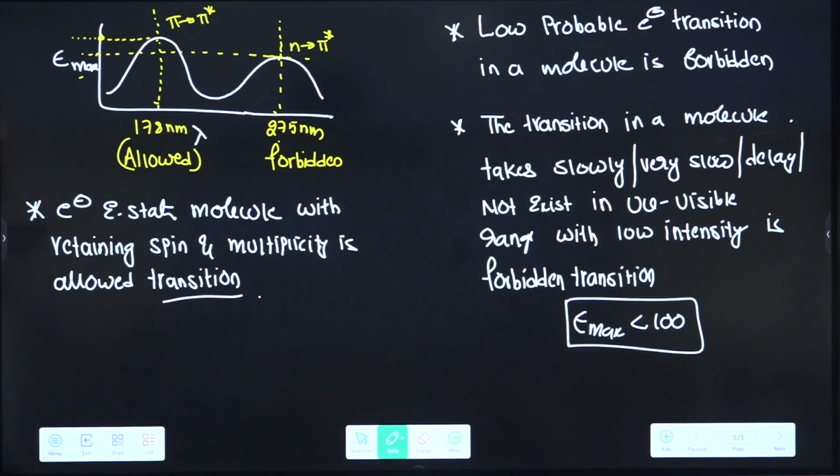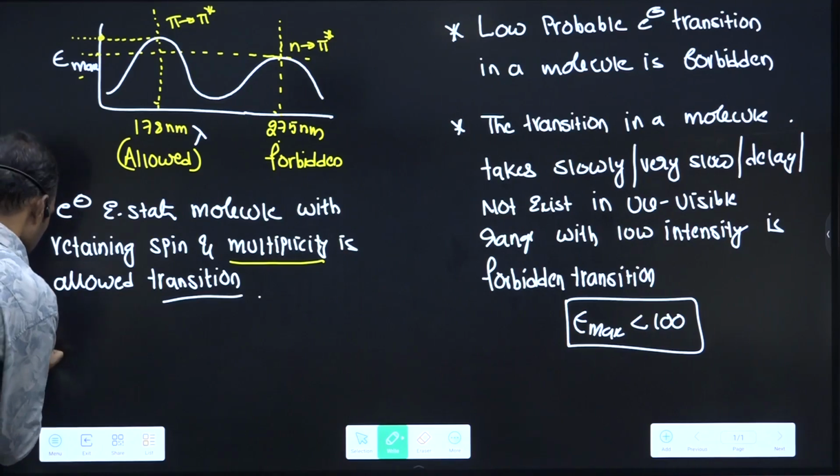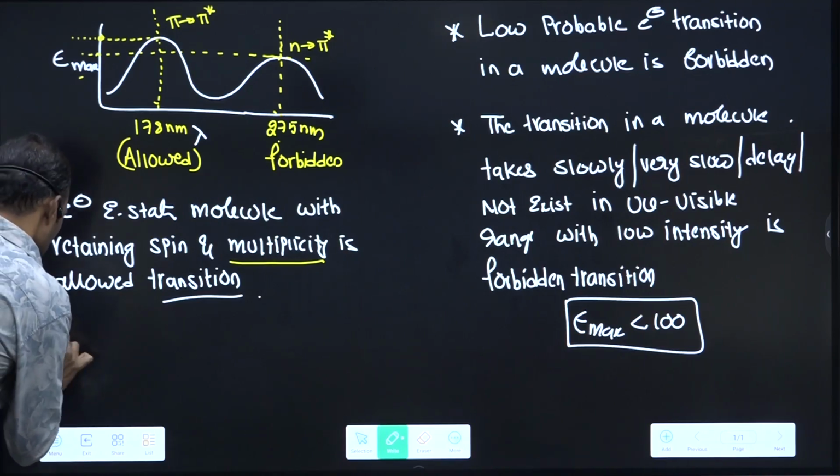Any electronically excited state molecule with retaining spin, spin retains anti-clockwise to anti-clockwise, clockwise to clockwise, and retaining their multiplicity is allowed.